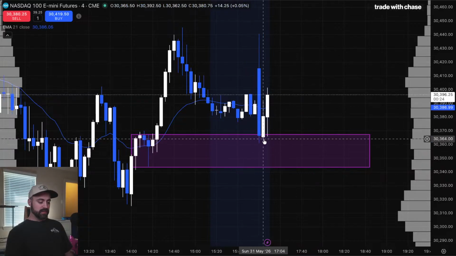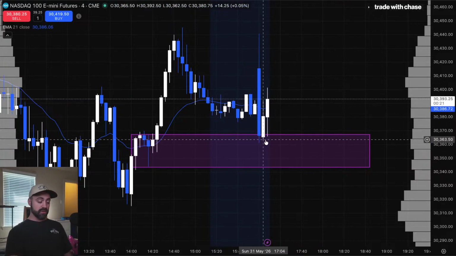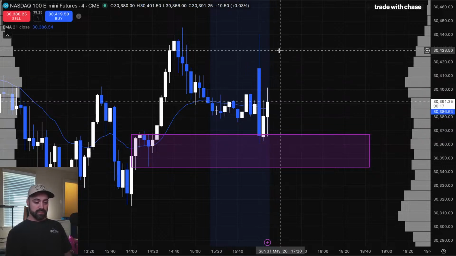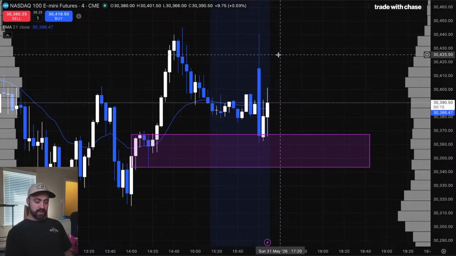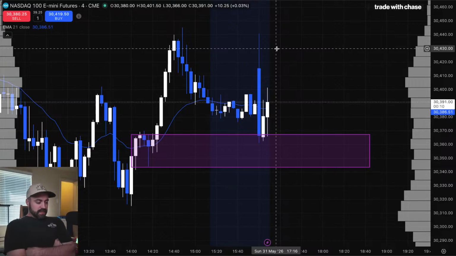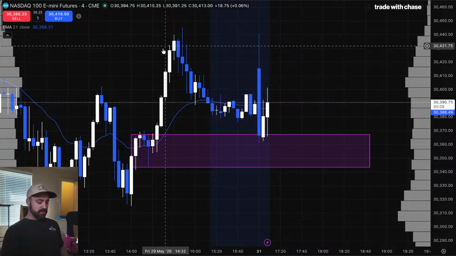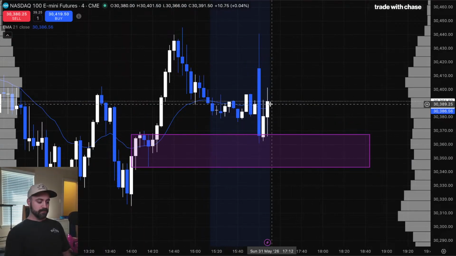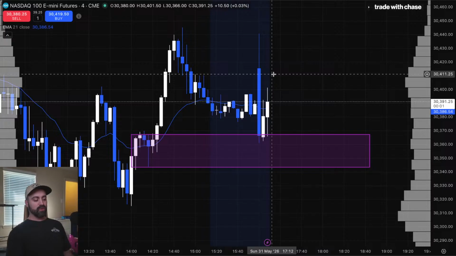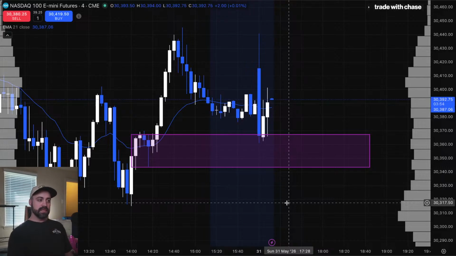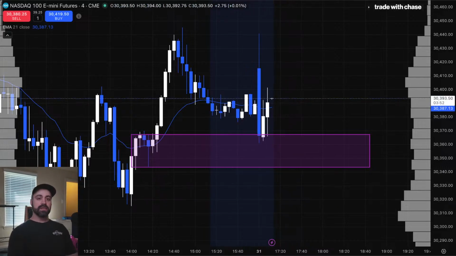So technically, if you're playing those kind of trades, you could have taken this here and at least ridden it up into here, the 420s, I would imagine. But I found I was getting burned too much, and what seemed like really good setups like this would go part of the way there and then just reverse on me. It just didn't seem super consistent, and so I stopped trading that way.